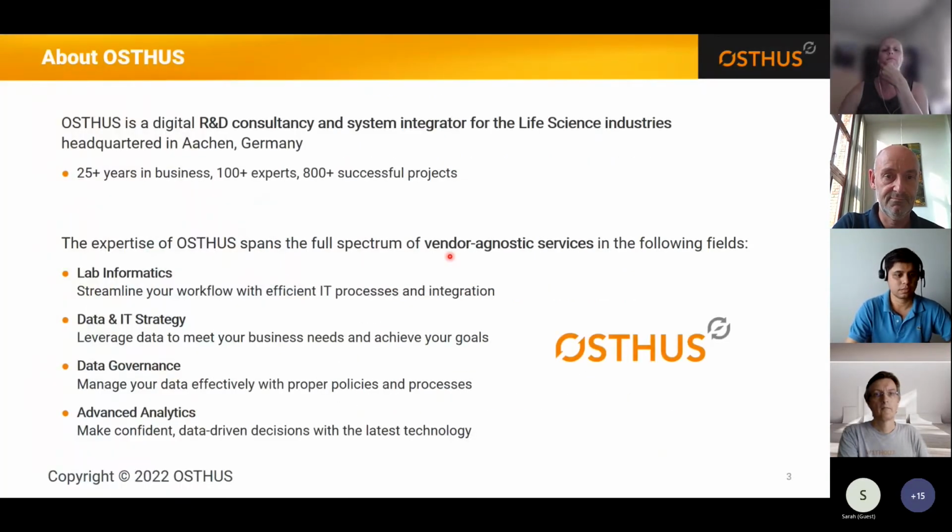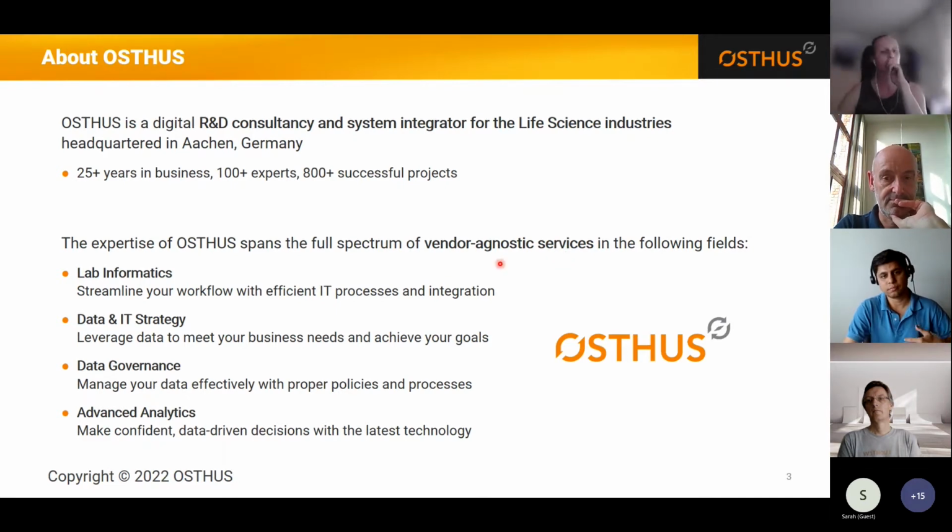So now I would like to also take the opportunity to introduce OSTUS in general. We founded OSTUS GmbH in 1996. We are leading system integrators in the area of life sciences and digital R&D consulting mainly, and we work in a vendor agnostic manner, as you can see here. We have 4 pillar areas of expertise that we identify ourselves with.